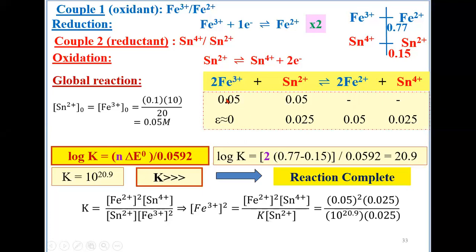If I want to find this Fe3+, I go back to my K. At equilibrium, we have the tin, we have the iron 2+, we have the tin 4+, and this K is from the total global reaction expressions, products divided by reactants to the stoichiometric coefficient, each of them, and then solve for the Fe3+ by substituting each of these concentrations. You get an answer, your Fe3+ will be the following: 1.68 times 10 to the minus 12.